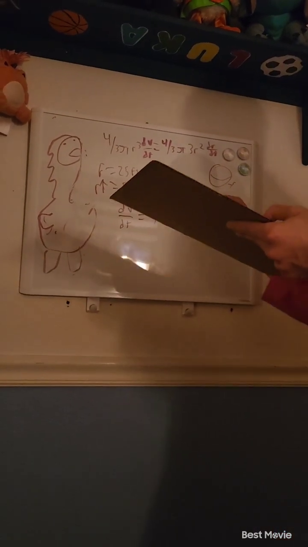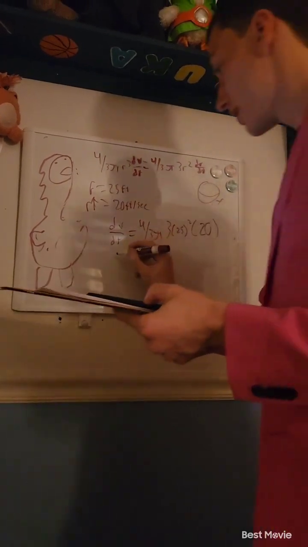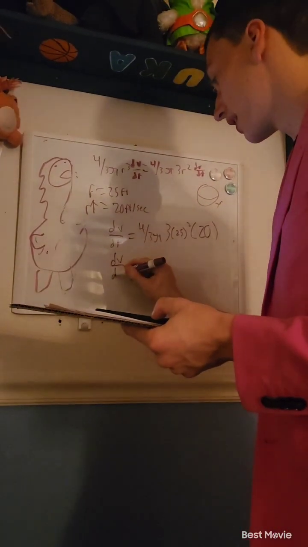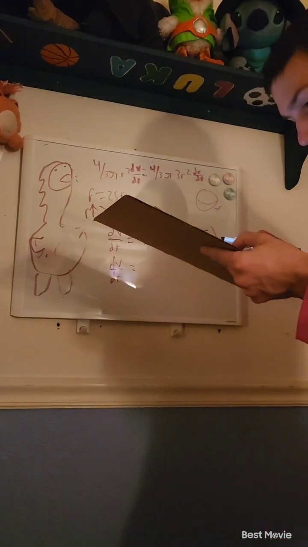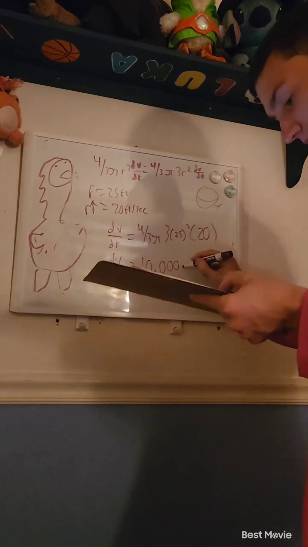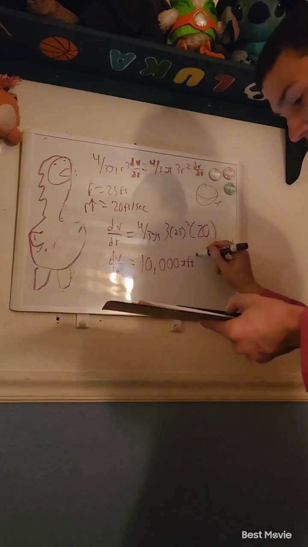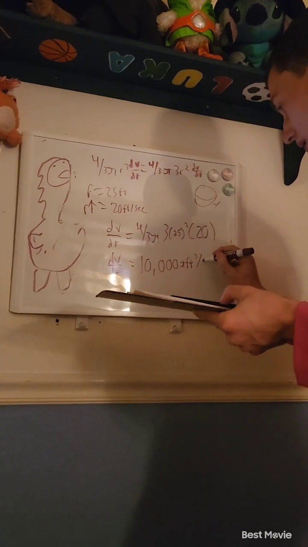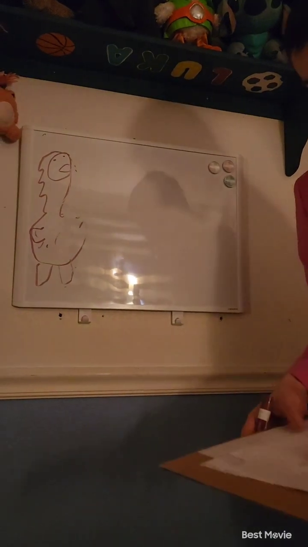And now, knowing this, we can solve to find that the rate at which our volume is increasing is going to be 10,000 pi feet cubed per second.